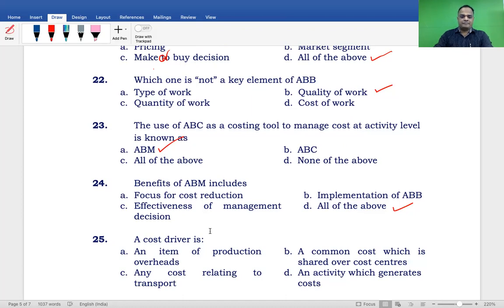What is the right answer? An activity which generates cost. What is the leading factor to incur a cost called? Cost driver.